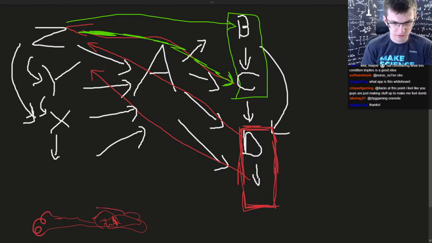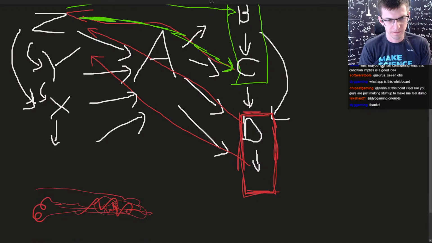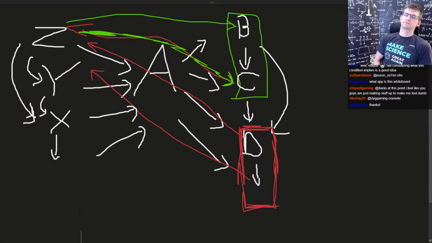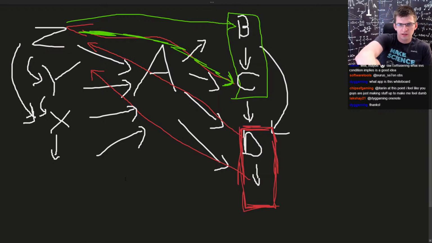I cannot stop drawing. Now we need to think what can be edges from Y to the right hand side. Should it be also any prefix and then the remaining suffix?